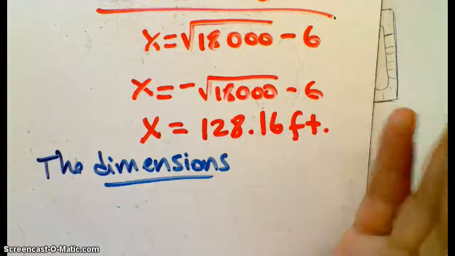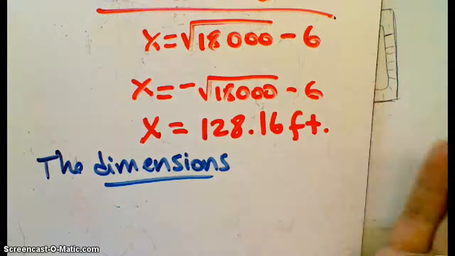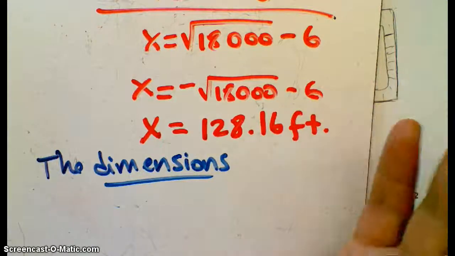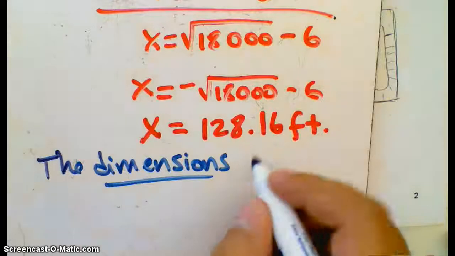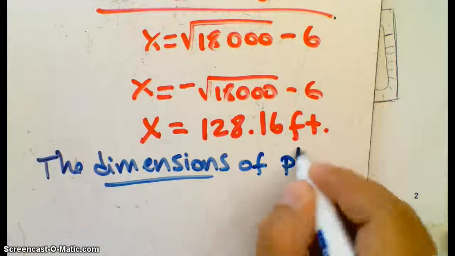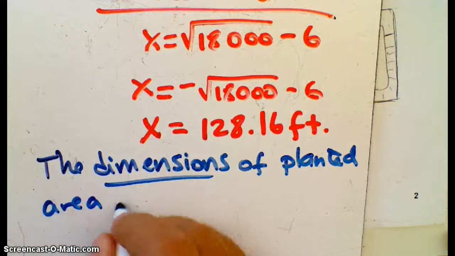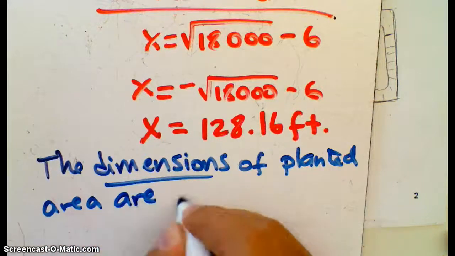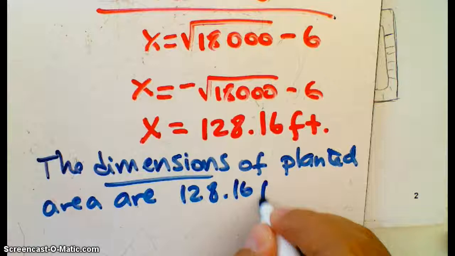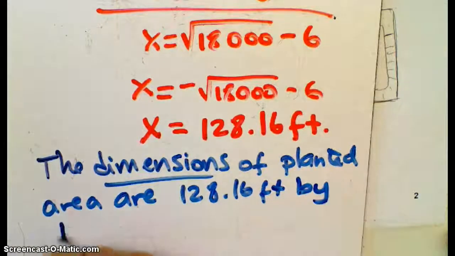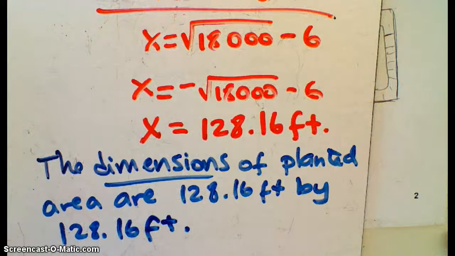What are the dimensions of the picture that you have of yourself on the fridge? 8 by 6. That means the length is 8 and the width is 6. So the dimensions of the planted area are 128.16 feet by 128.16 feet. Bam, done.